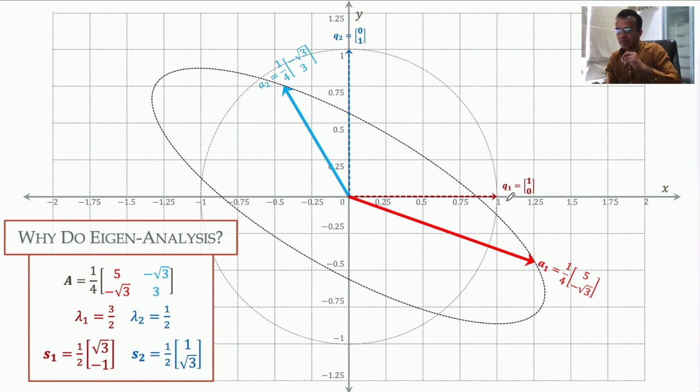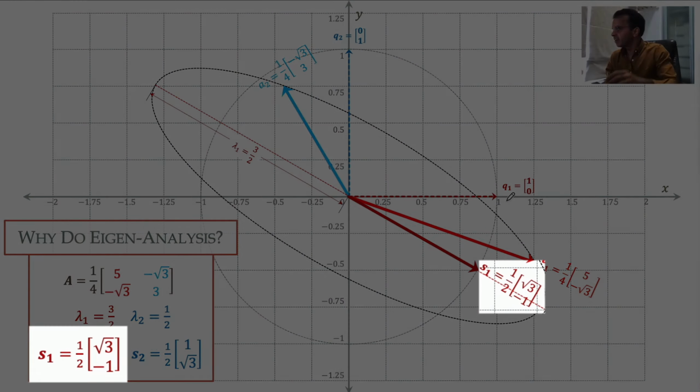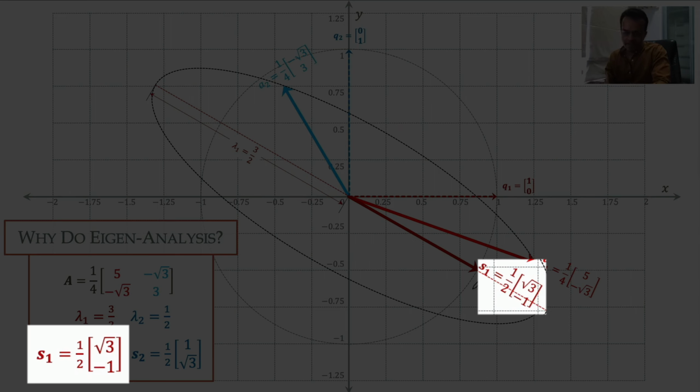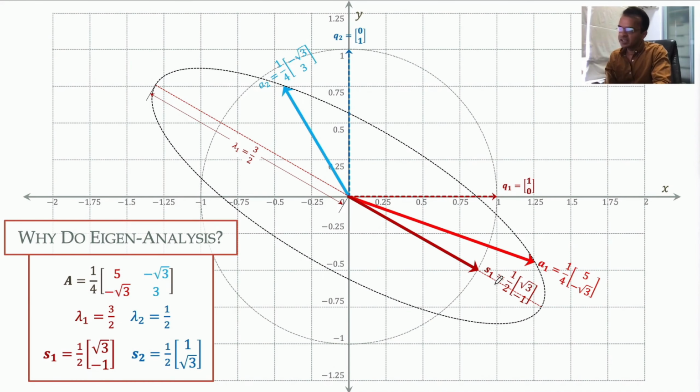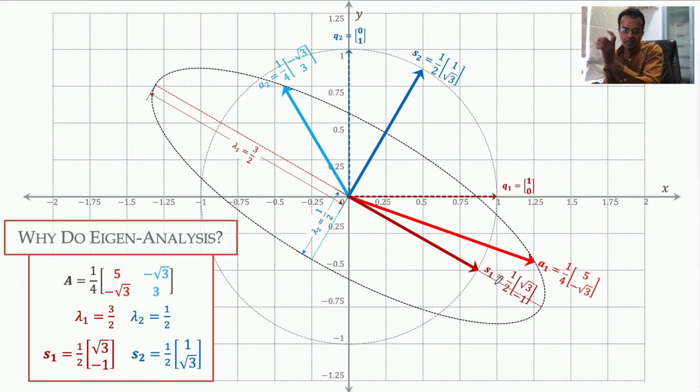But if you do the eigenanalysis, it will find for you the axes of the ellipse. So the first eigenvector that comes out of this eigenanalysis is actually along the axis of this ellipse, and the second eigenvector is along the other axis of the ellipse, and the length of the axis will be the eigenvalue.